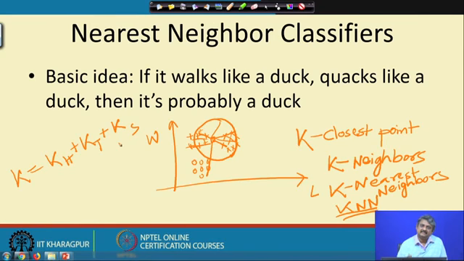Whichever is the highest. Think of it as if I am conducting a vote, an election among its neighbors, and whichever class wins the election, that means the highest number of members from that class among these k neighbors, I classify the new point to this winner.